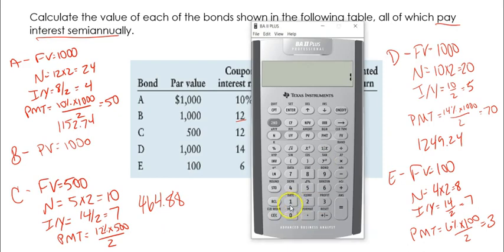Okay, so I'm going to do $100 future value, 8 periods, 7% periodic rate, and a payment of $3. Compute the present value, and that gets us $76.11. And yes, this bond is paying below market rates, substantially below. It has a coupon rate of 6%, while the required return is 14. So $76.11.